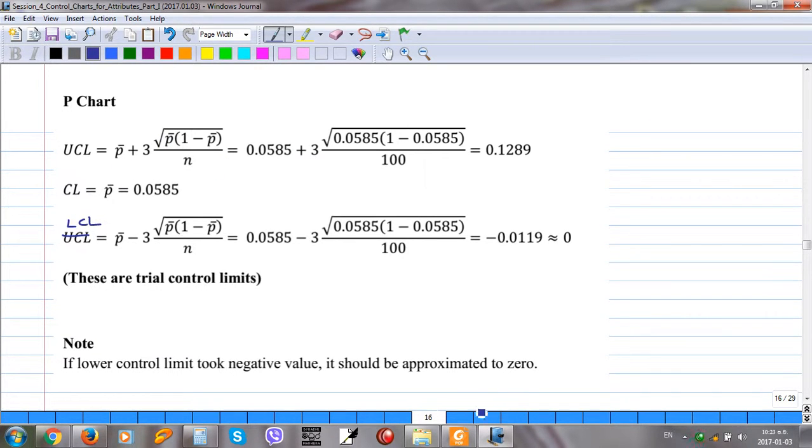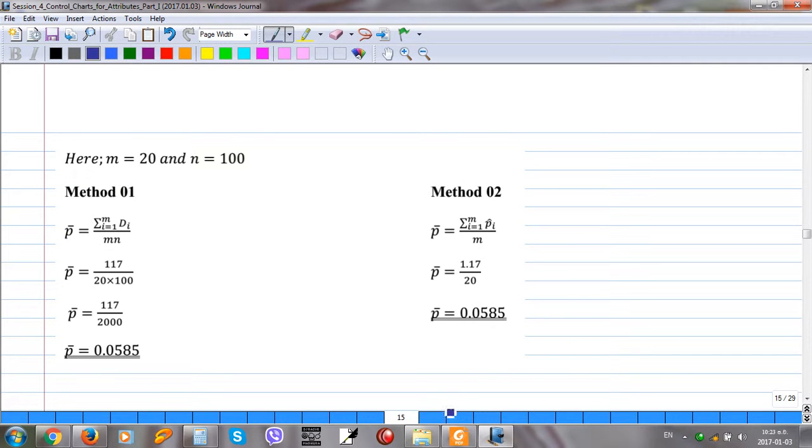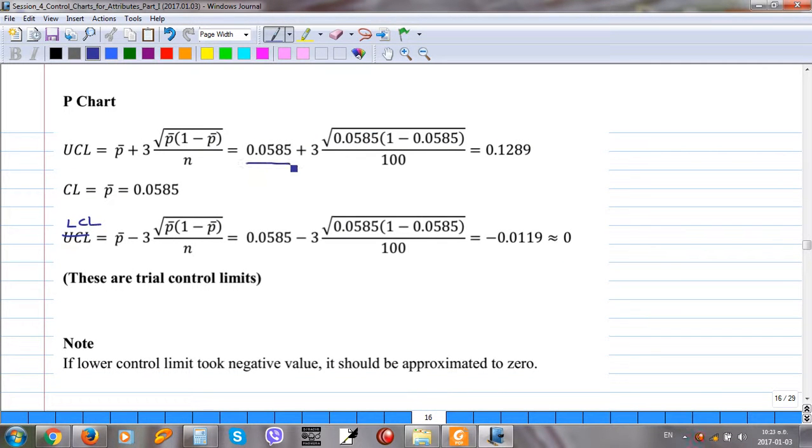With p bar as 0.0585 and n equals 100, after simplifying, the value is 0.1289. The center line equals p bar, 0.0585, and the lower control limit, by substituting into this equation, comes to minus 0.0119.